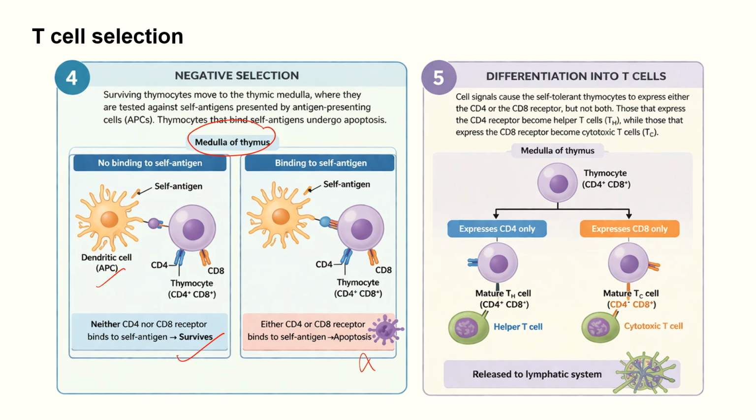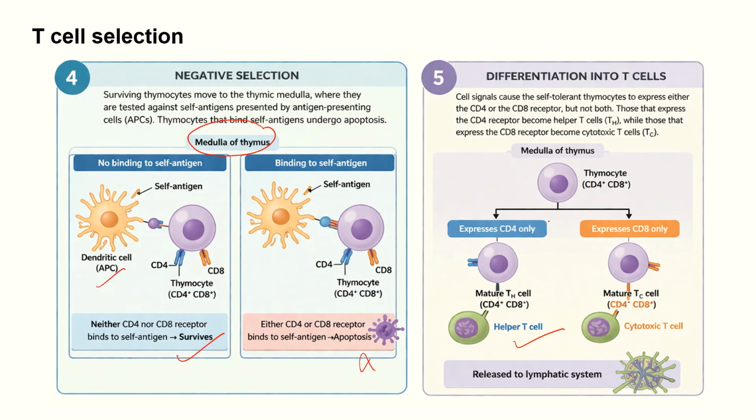The cells which express the receptor and do not identify the self-antigen go to the next step. The cells expressing both receptors, CD4 and CD8 together, will be destroyed. Only the cell which expresses just one type of receptor will survive.